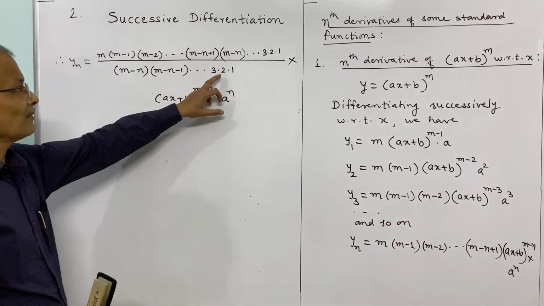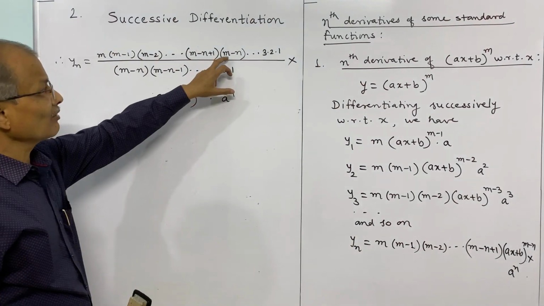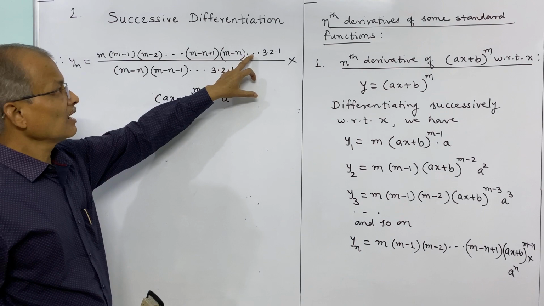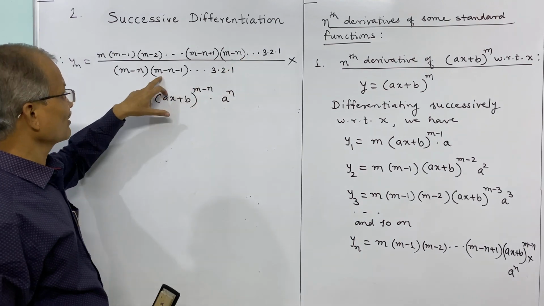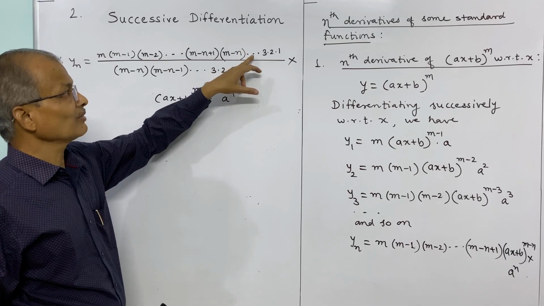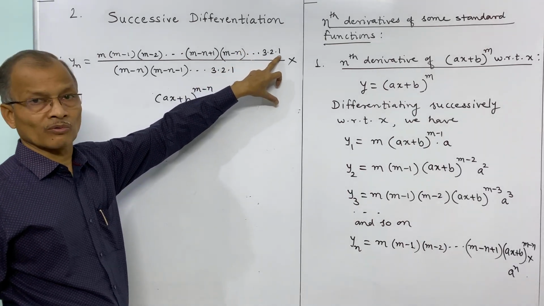Now you note this step here. These are the original terms we have written. Further we have added these terms in the product, m minus n and m minus n minus 1. I have not written every term here, but it is decreasing order, means decrease by 1 every time in each term, and this will continue up to 1.